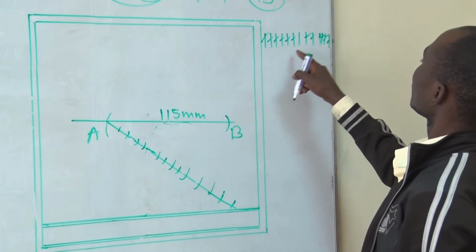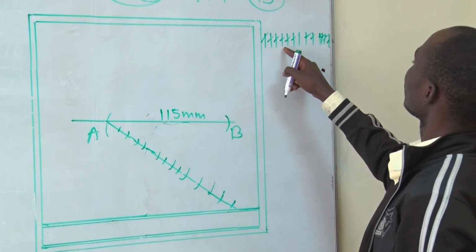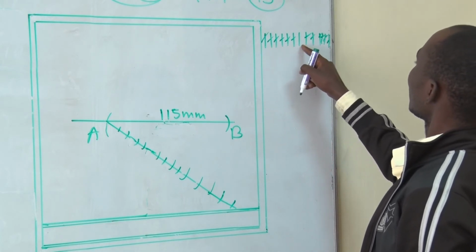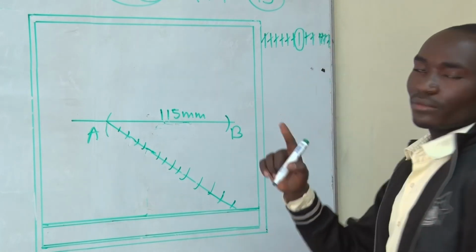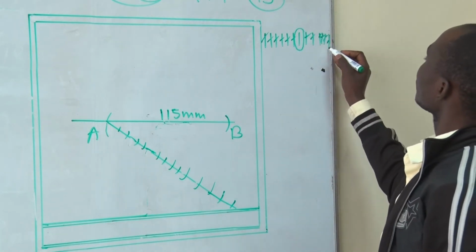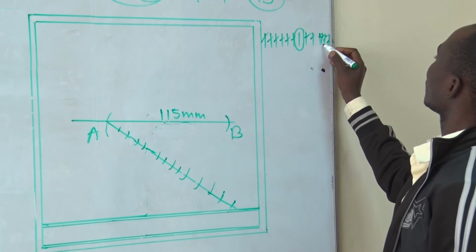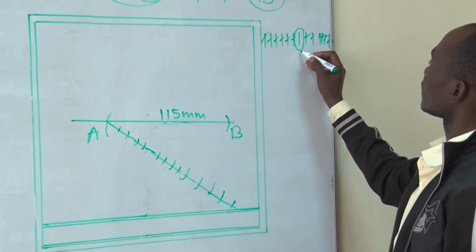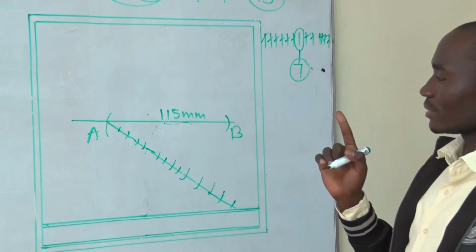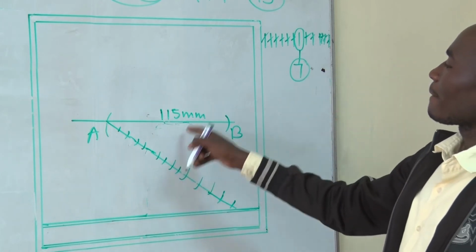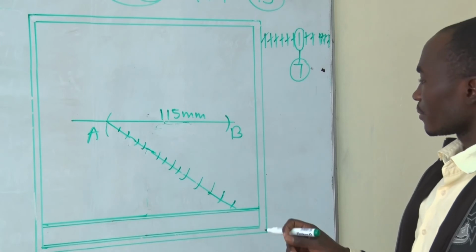So you can see that at the center we have 1, 2, 3, 4, 5, 6, 7. So the 7th one is the one which is at the center. From the other end again we have 1, 2, 3, 4, 5, 6, 7. So this is the 7th one. So number 7 is the only mark which will divide our line into equal sections.